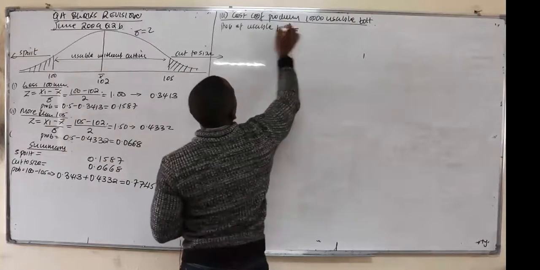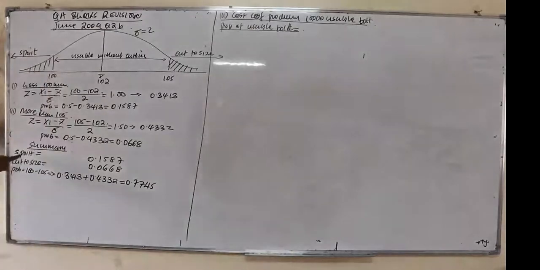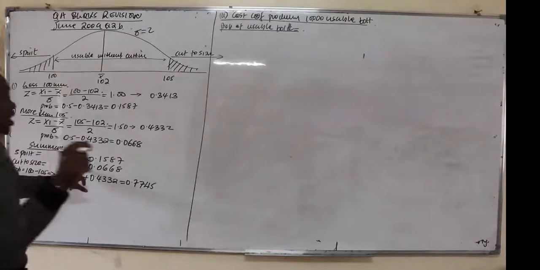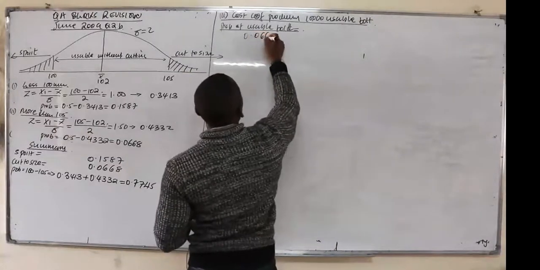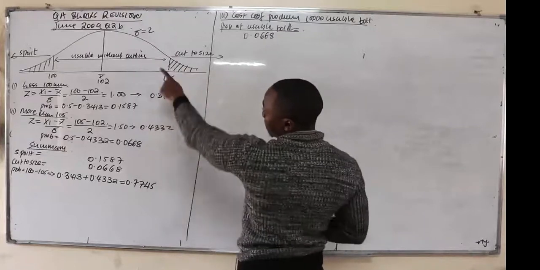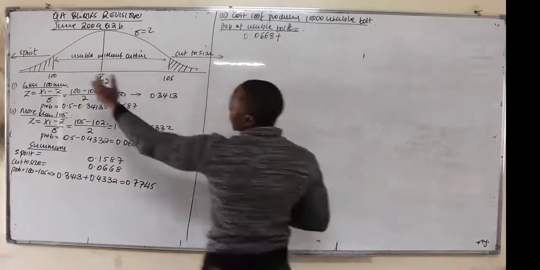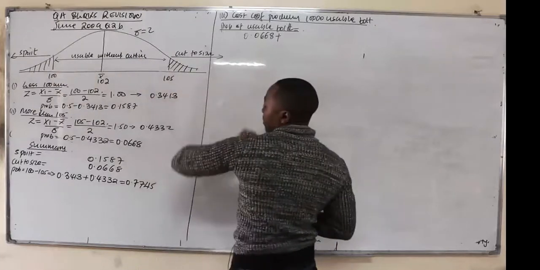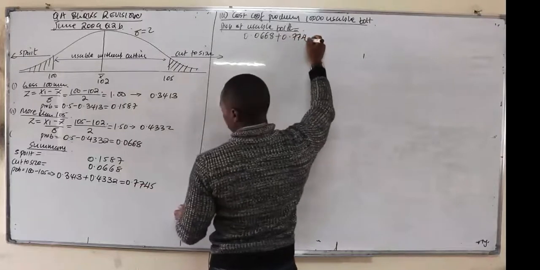That means those spoiled are not usable altogether. But those to be cut to size are usable with some modification. So it will take 0.0668. Those greater than 105 are usable, but will be deemed to be cut to size, plus those usable without any modification, and we have computed that probability, which is 0.7745.